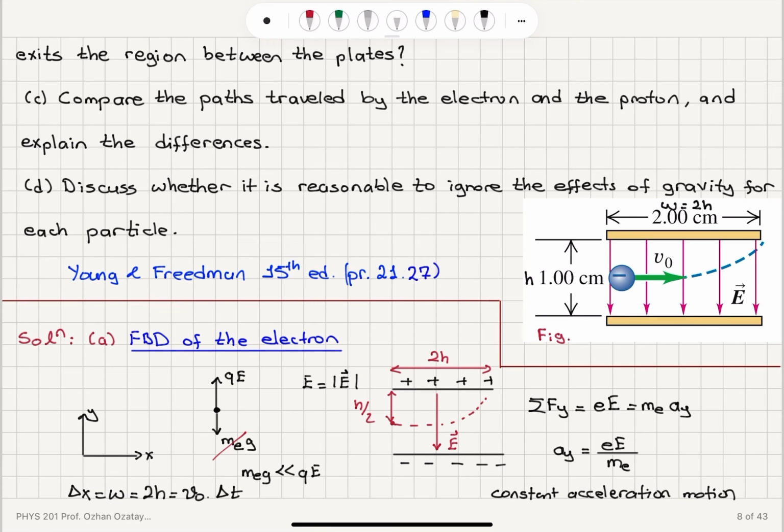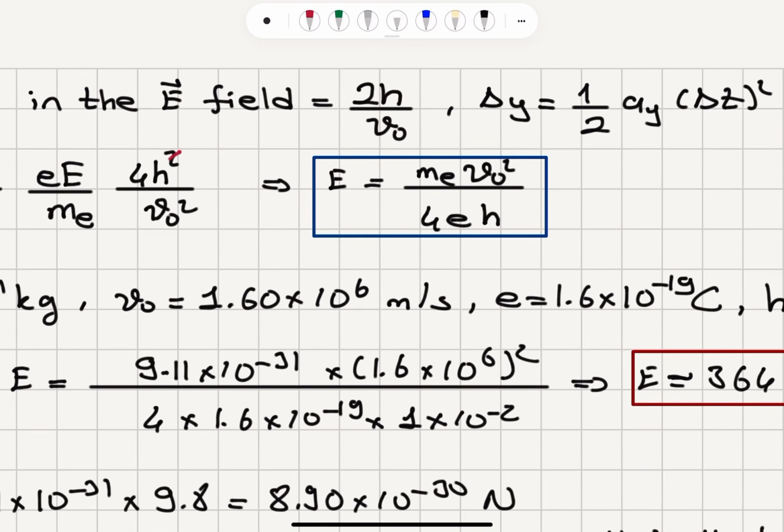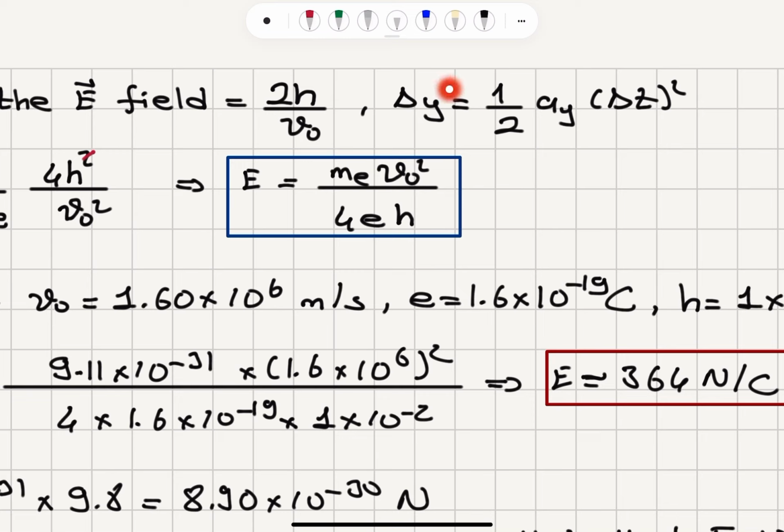The distance it travels on the x-axis is 2h, or 2 centimeters, which is v0 times delta t, from which I calculate the time spent in the electric field, 2h over v0. The distance traveled on the y-axis is 1/2 a_y delta t squared, because I have no initial value of the y component of velocity, and it's constant acceleration motion.